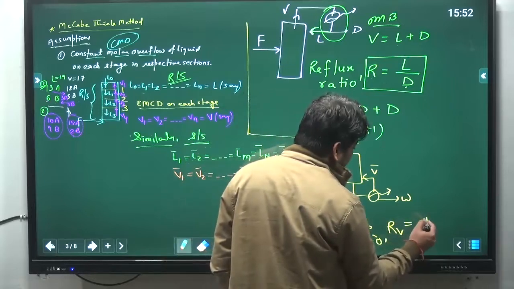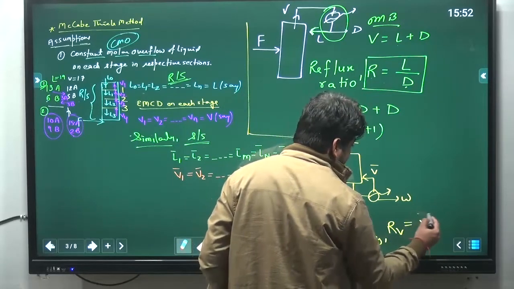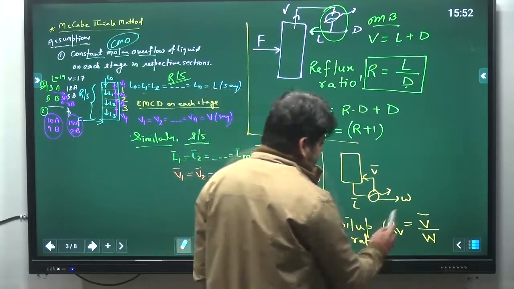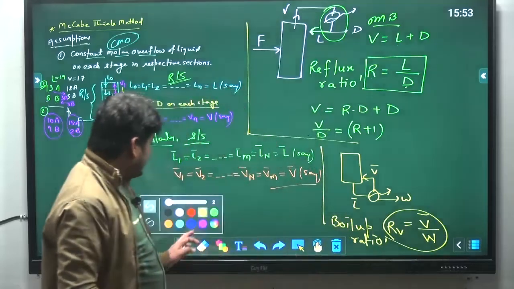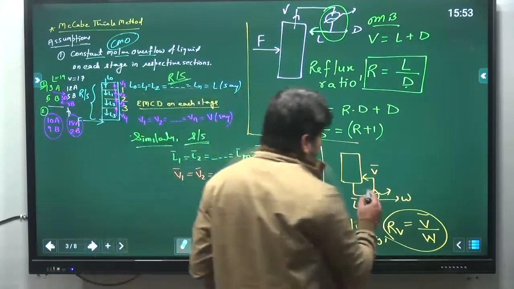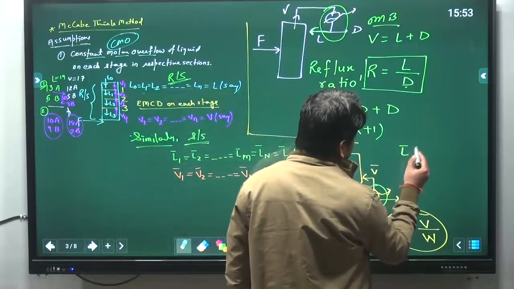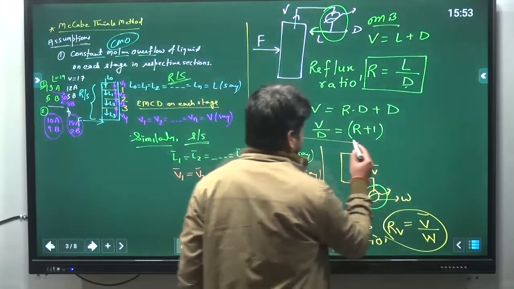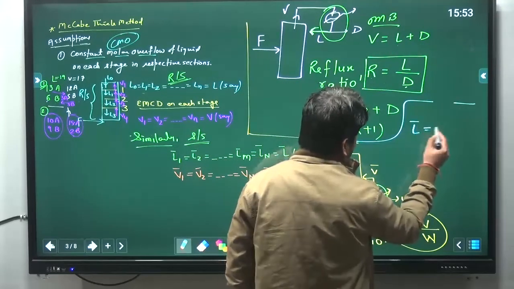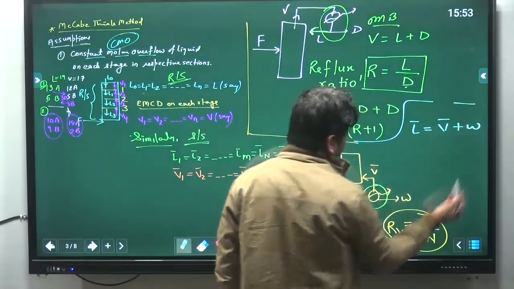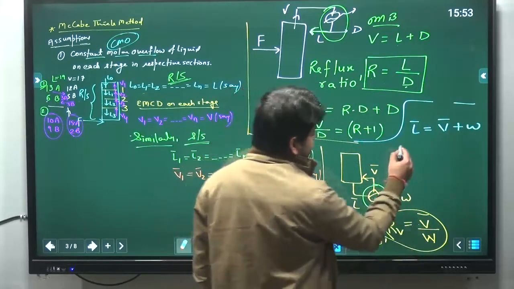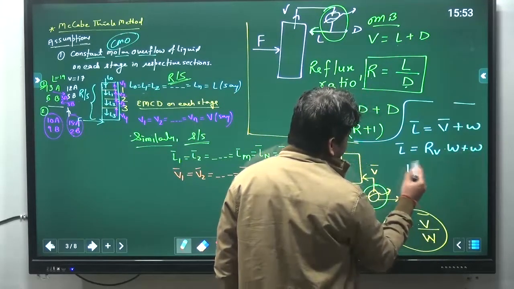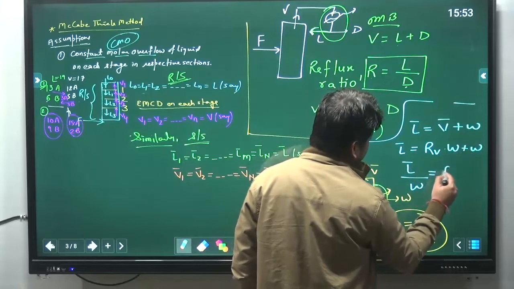That is the amount of vapors sent as a boil up divided by amount of liquid left as a bottom product. Okay, so again here if you will do the overall balance on the reboiler, you will get L bar equal to V bar plus W, and if you put the value of V bar here, that will be RV times of W plus W, so you will get L bar over W equal to RV plus 1.